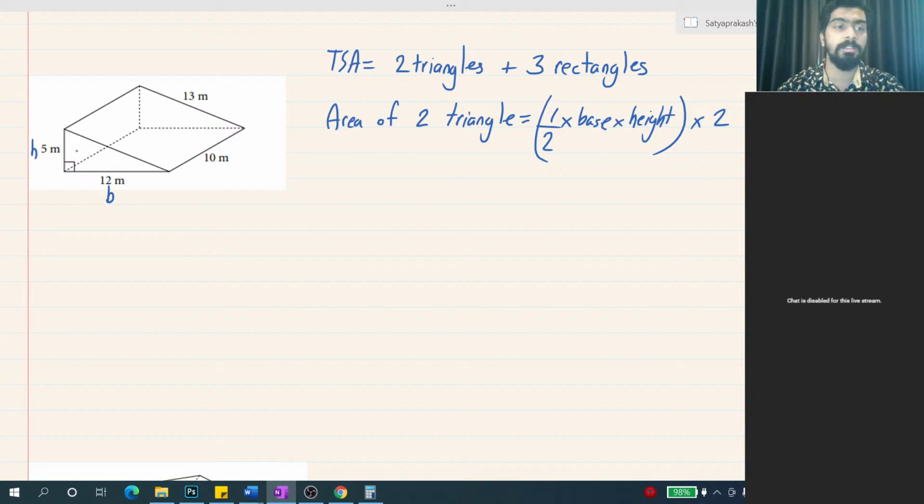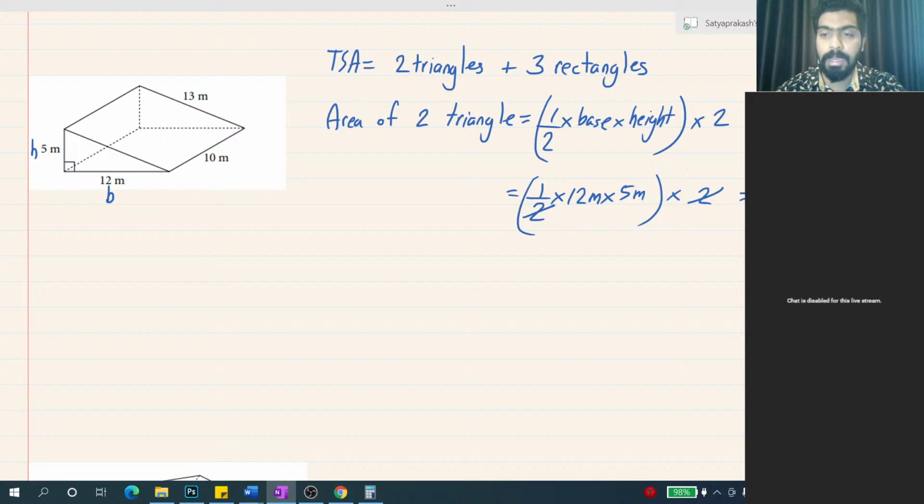So the base is 12 meter and the height is 5 meter. So what we would have for the triangle is 1/2 multiplied by 12 meter multiplied by 5 meter and multiplied by 2, because both the front and the back triangles are of equal dimensions. And of course, this 2 and this 2 can simplify.